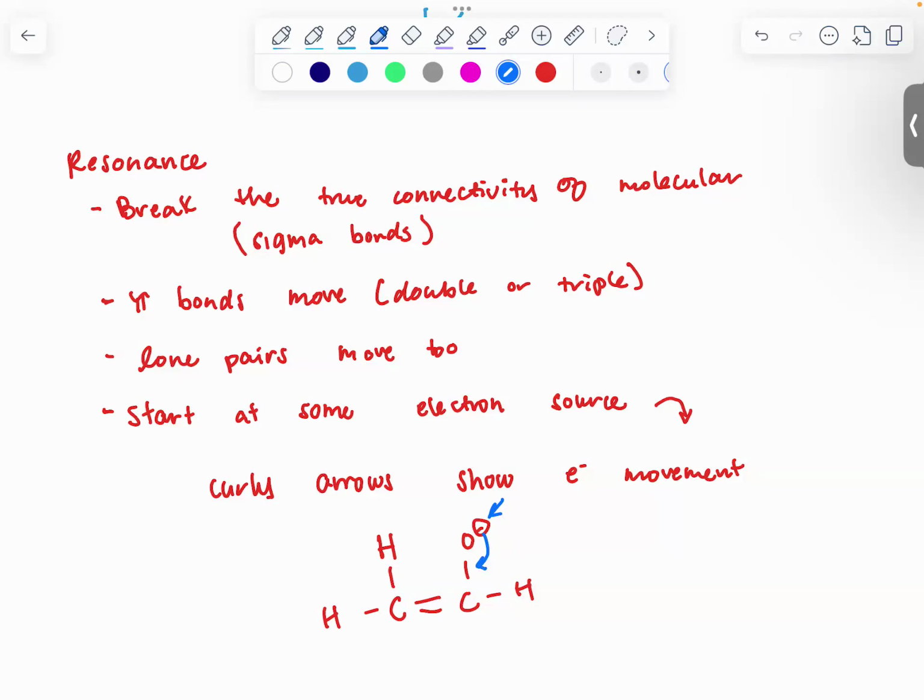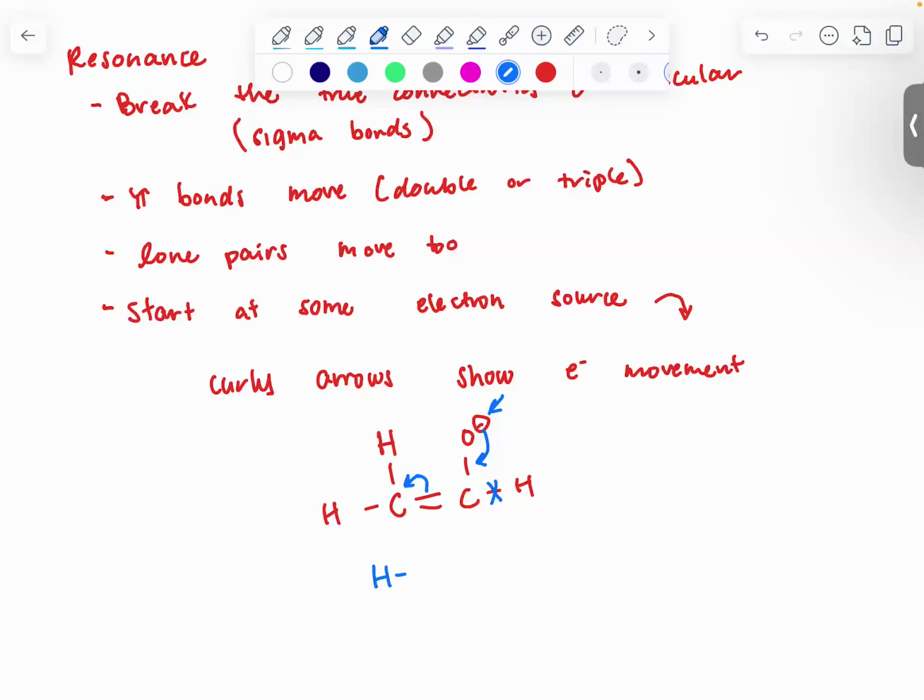And then, because we are only moving those pi electrons, we can't touch this one, but we can touch one of these. And that lands on the atom because now that atom is the owner of the lone pair of electrons.